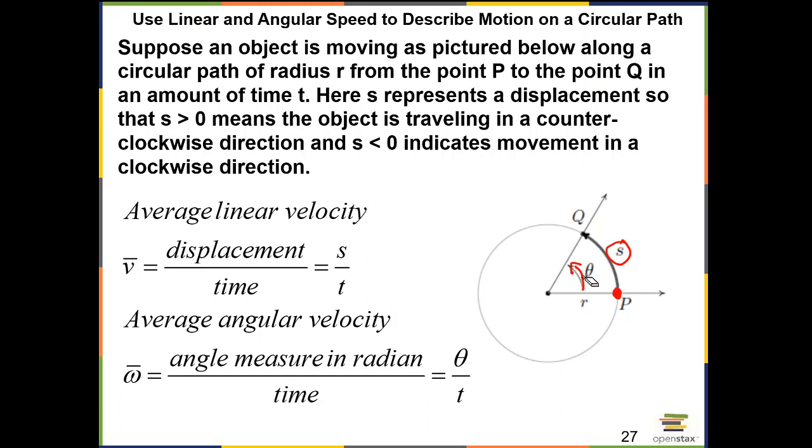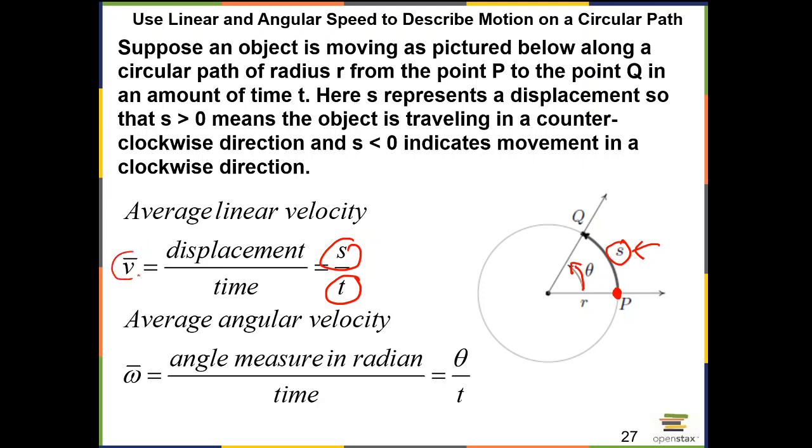So it has two kinds of velocity. The velocity going on a circle is basically similar to the velocity of going with a car straight, right? You just take the distance that it goes and divide it by time. So that's called the average linear velocity of the object.